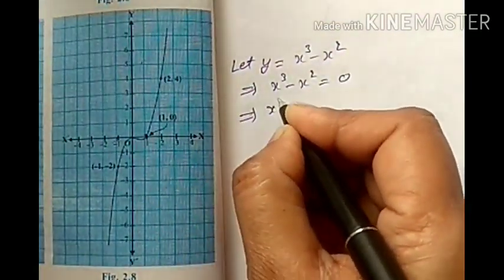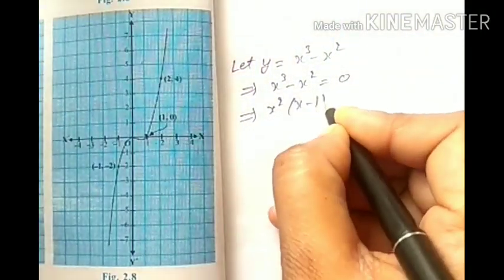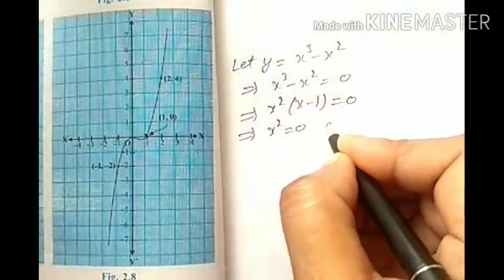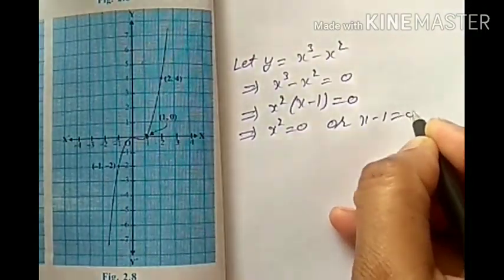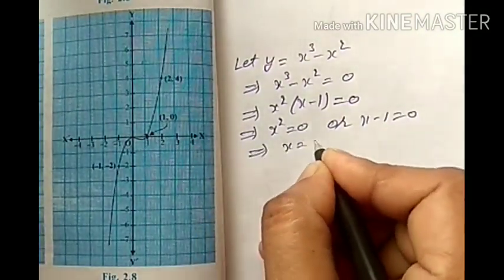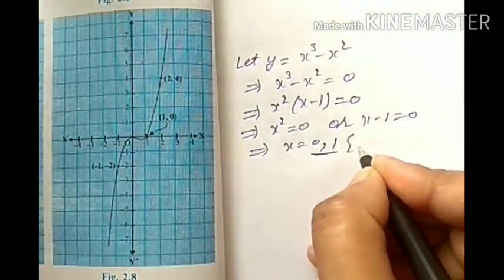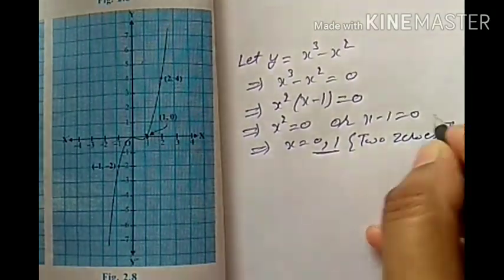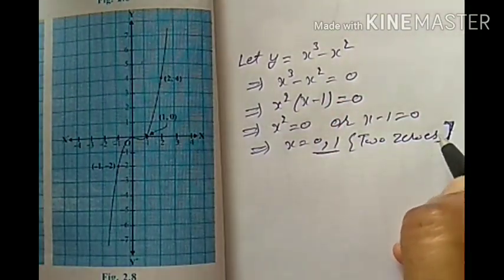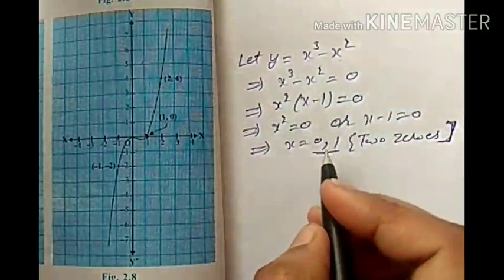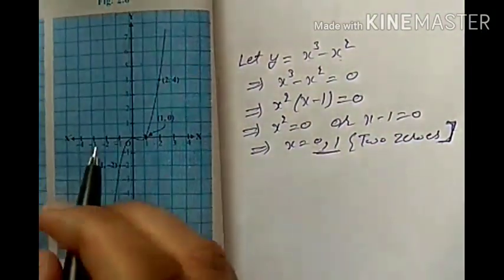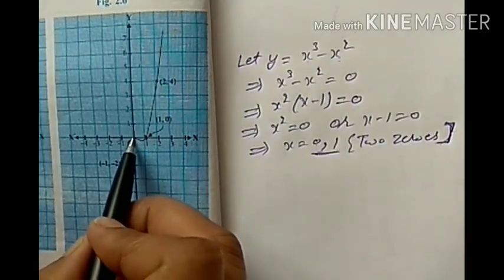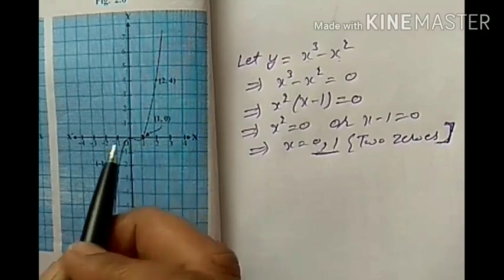Now we take x square common, then the remaining x minus 1 is equal to 0. It implies that x square is equal to 0 or x minus 1 is equal to 0. Clearly we are getting x is equal to 0 and 1, means 2 zeros. A cubic polynomial can have maximum 3 zeros, but this polynomial has 2 zeros, 0 and 1. And when we look at this graph, clearly it touches the x-axis only at 2 points, 0 and 1.